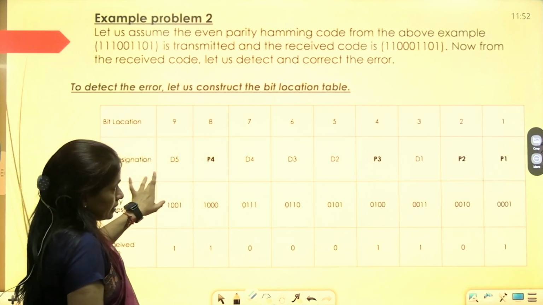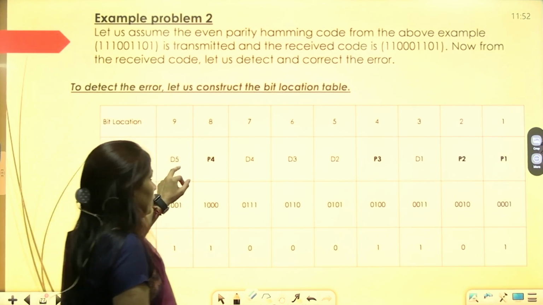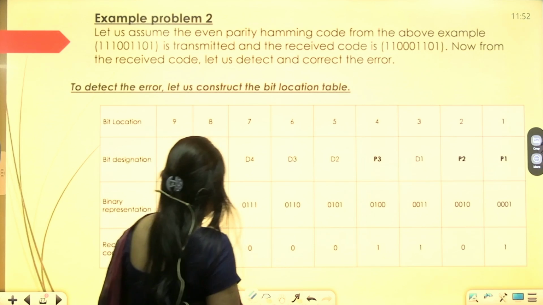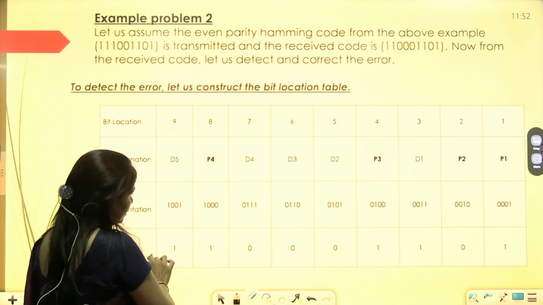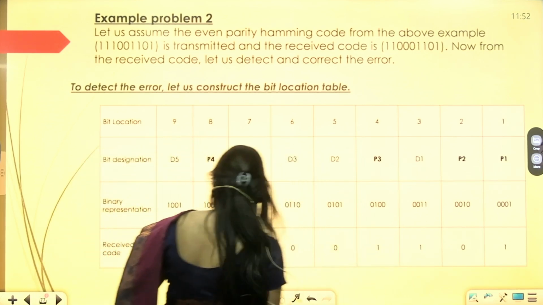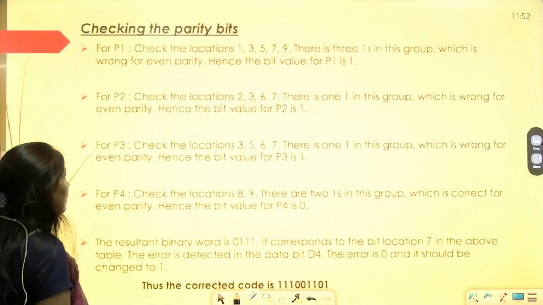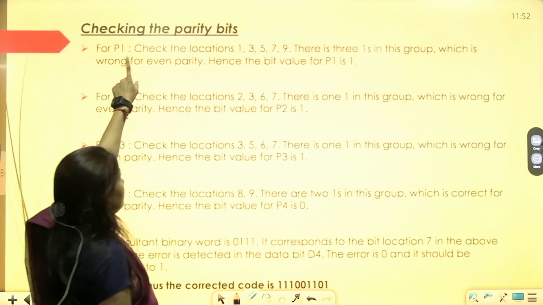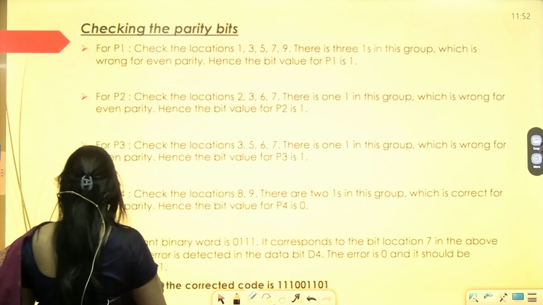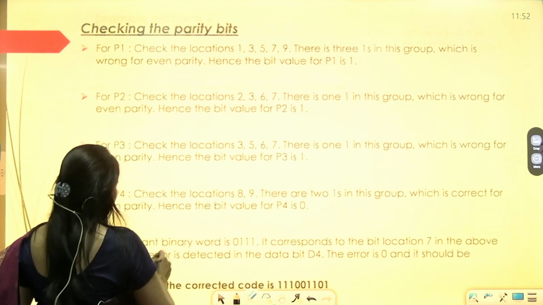Bit locations are the same: D1, P1, P2, P3, and these bits represent the message. For P1, check locations 1, 3, 5, 7, 9.